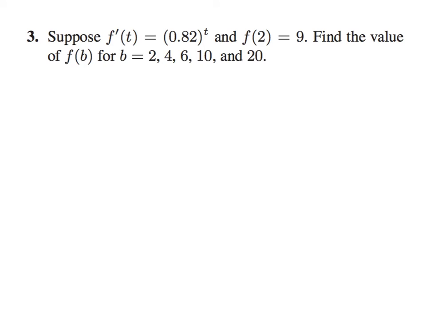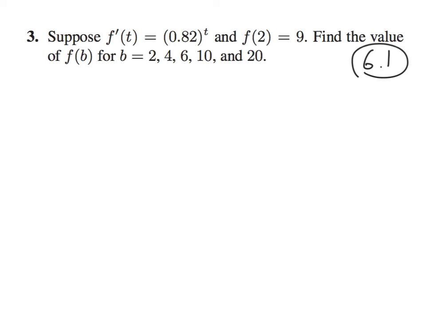So this is 6.1 number 3. Suppose f prime of t is 0.82 to the t, and f of 2 is equal to 9. Find the value of f of b for b equals 2, 4, 6, 10, 20. I'm not going to do all of them, but I'll show you how to do 2 and 4, and then you can do 6, 10, and 20 yourself, hopefully.